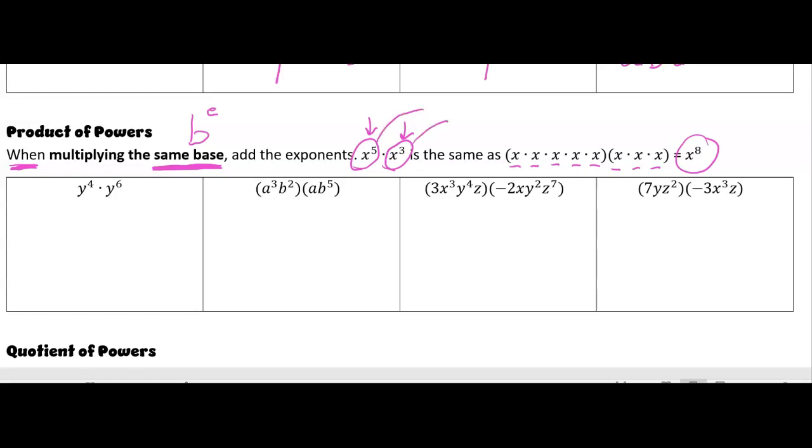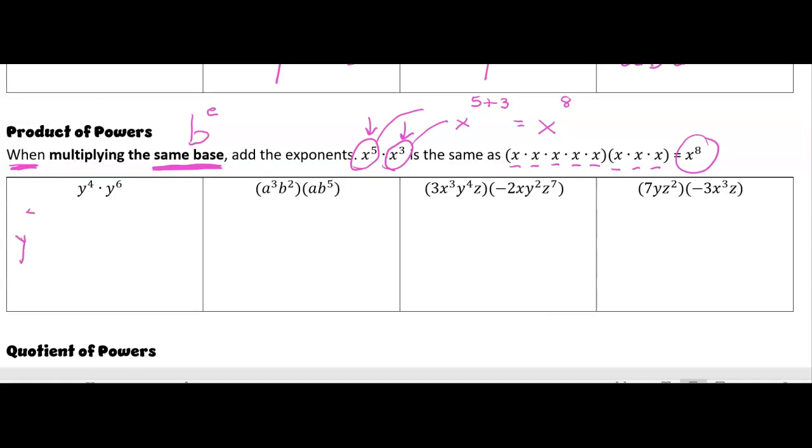So keep the base. Add the powers. 5 plus 3, of course, is x to the eighth power. So down here, our first example in the box, we have y to the fourth times y to the sixth.